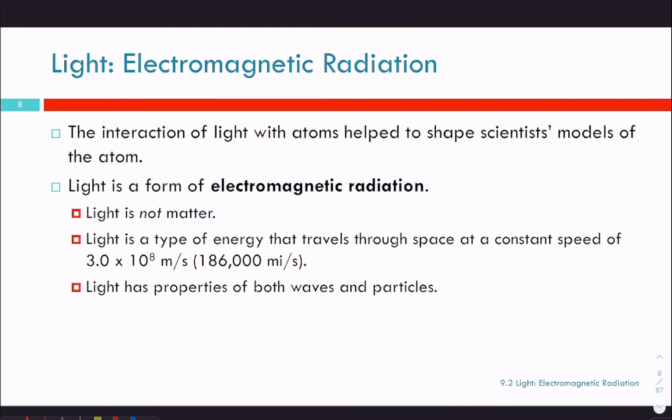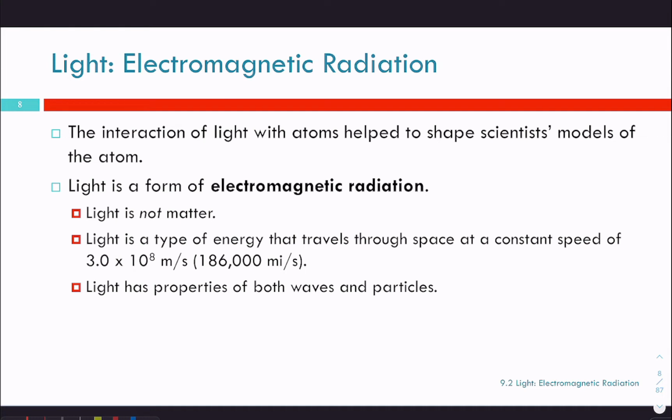Where we're going to start in this approach towards the quantum mechanical model is with electromagnetic radiation. All forms of light are electromagnetic radiation, all the way from radio waves to even gamma rays, right, the deadly product of nuclear fission.